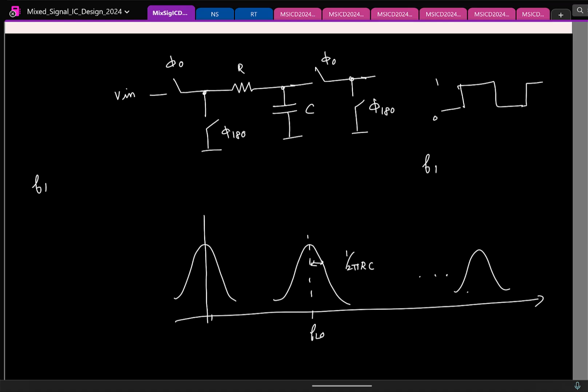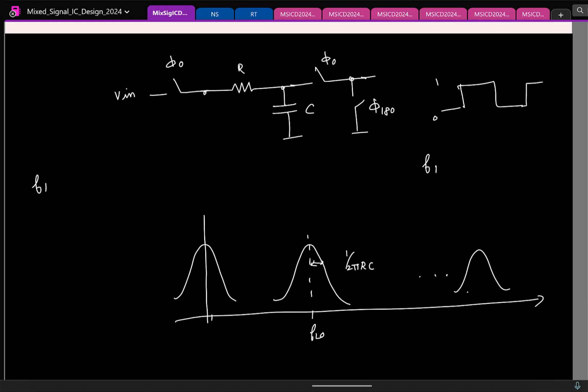Here, during the clock phase phi 0, I am charging the capacitor with something. In the other phase phi 180, it looks like I am losing that information. So at least qualitatively speaking, it makes sense that with respect to having a larger gain, I probably don't discharge this and let the capacitor hold the information that you put in earlier.